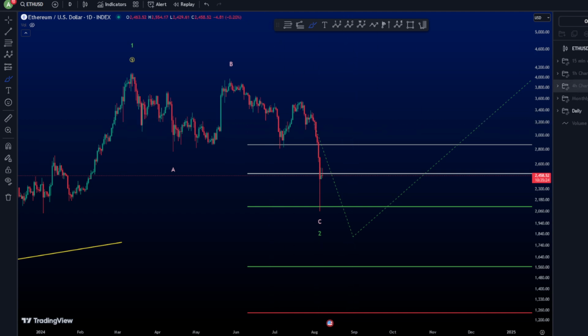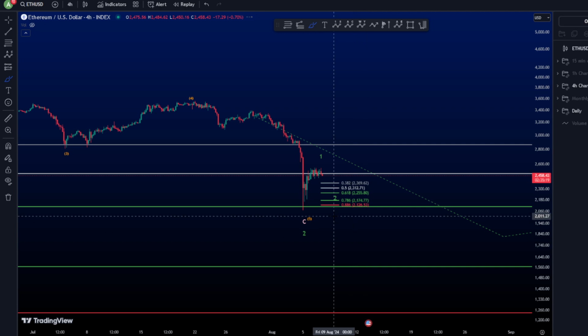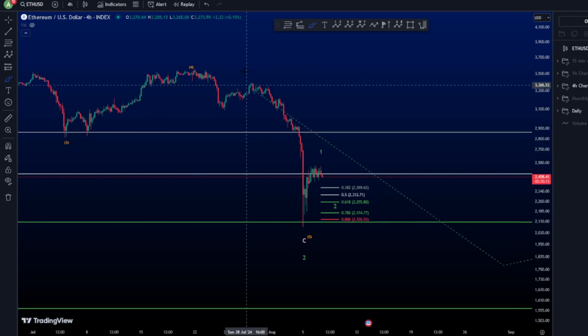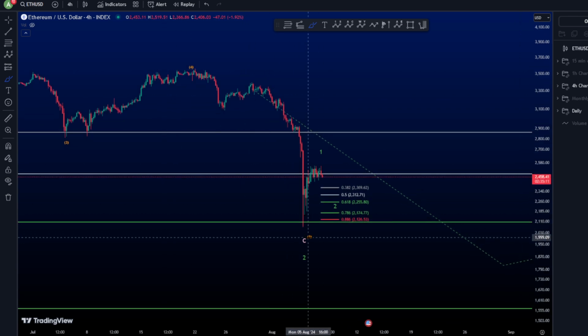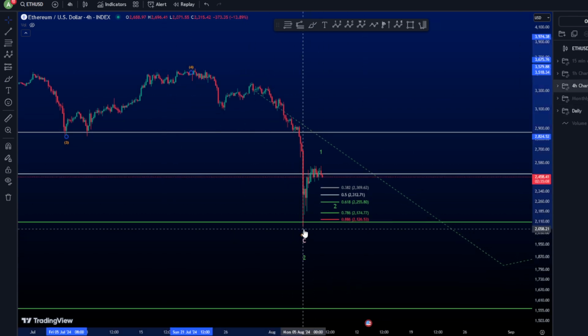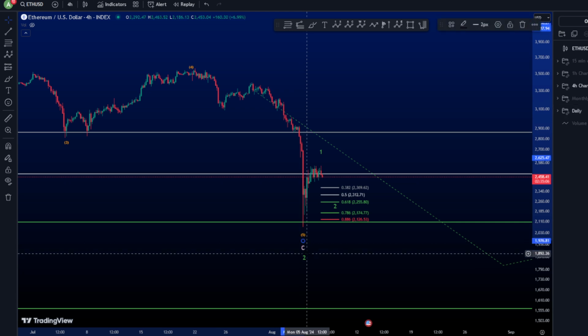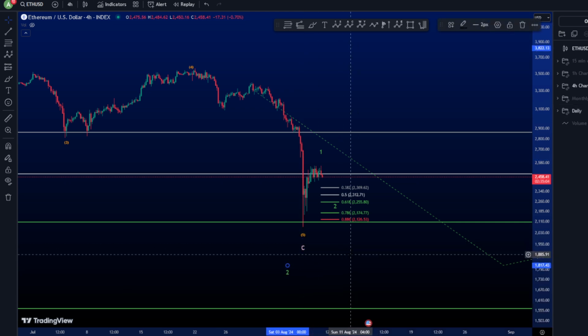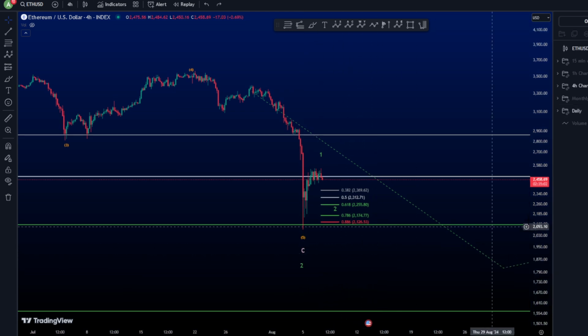However, if we look at the 4-hour chart now, we can see that a new 1, 2 is kind of forming after this impulse towards the downside, which claims that we might reverse the market and start a new bull run, right, for Ethereum.